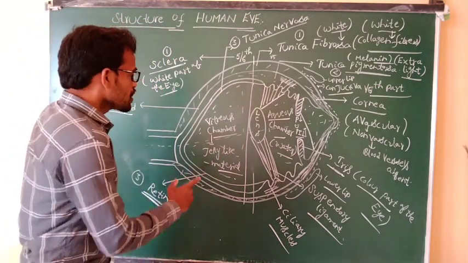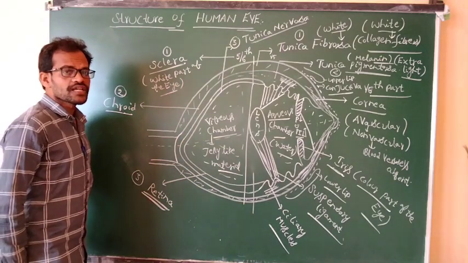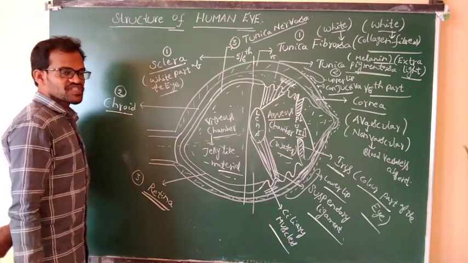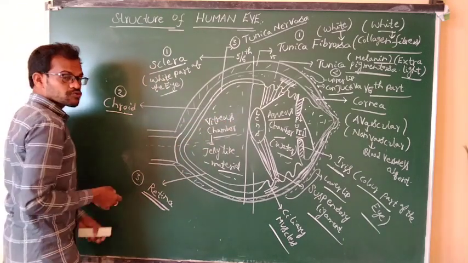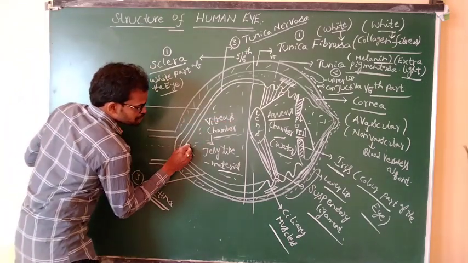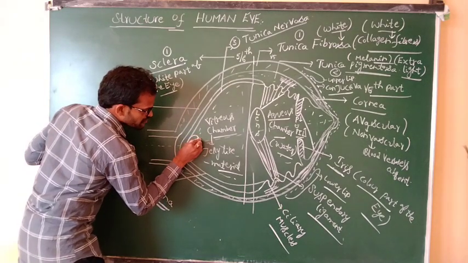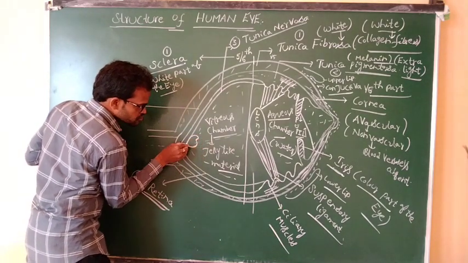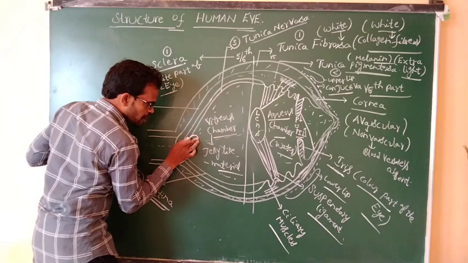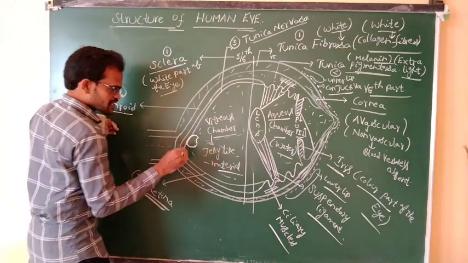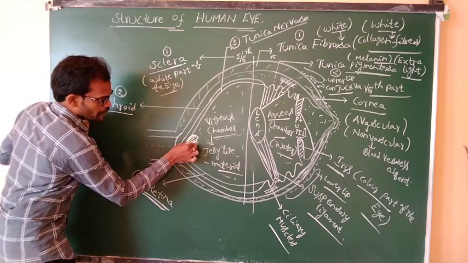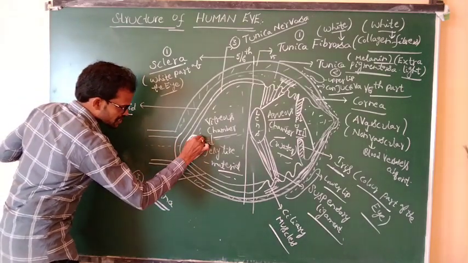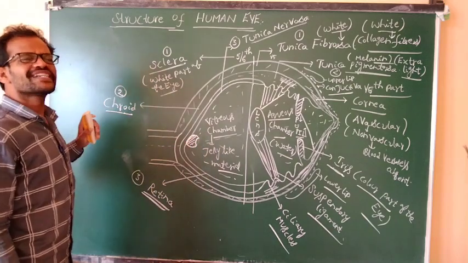If you observe the posterior chamber, above the pupil, on the posterior surface, there is a small depression.